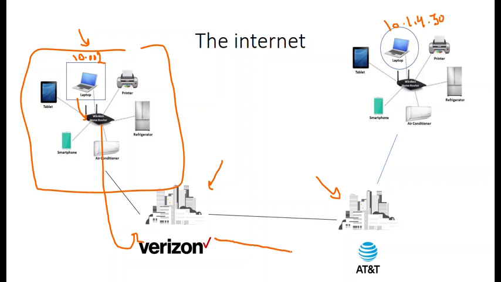Verizon will be connected with AT&T service provider through certain types of links, like fiber optic links. AT&T will be connected to the router of the other network, and that router will be connected with the destination laptop, which will receive the data sent from the original laptop. Similarly, different devices can communicate with each other through the same approach.